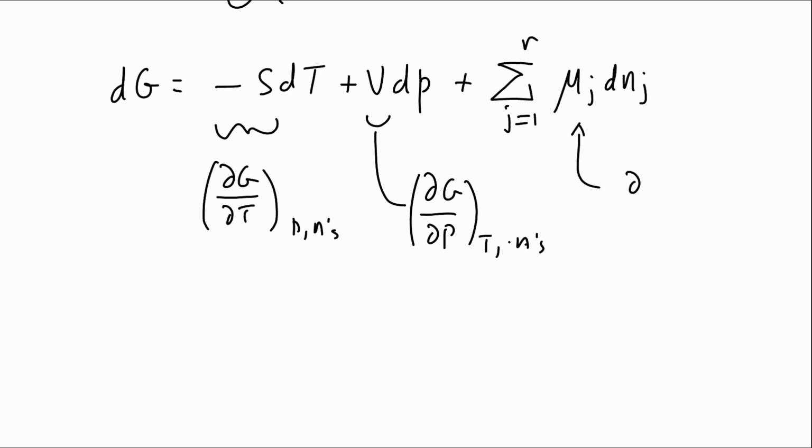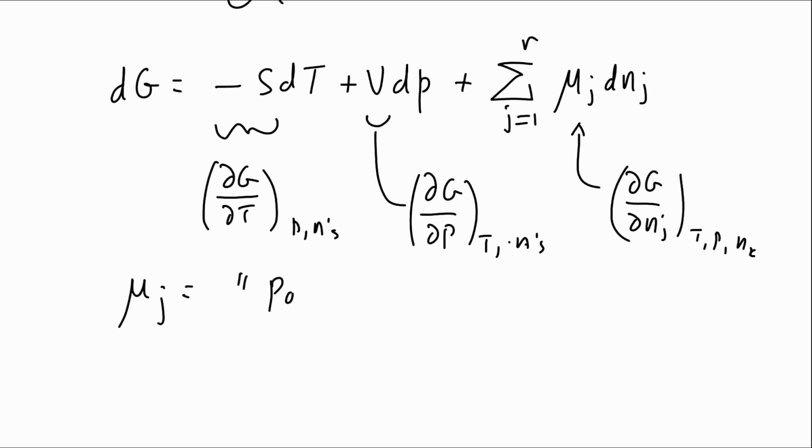And the mu sub J is partial G, partial N sub J at constant T, constant P, and all the other N's constant, except for the one I'm taking the derivative with respect to. So it's just the total differential of a function, but it perhaps is starting to look a little less pleasant. And so mu sub J is what they call a partial molar quantity.